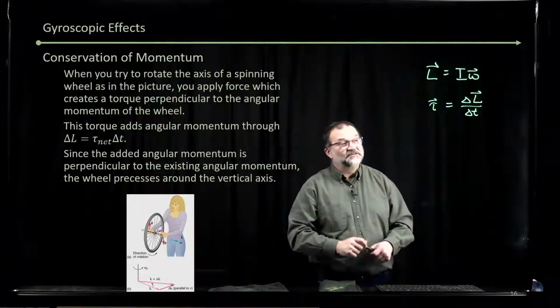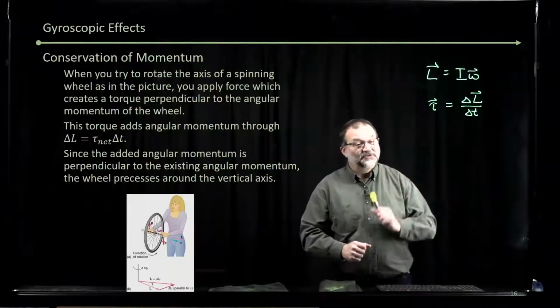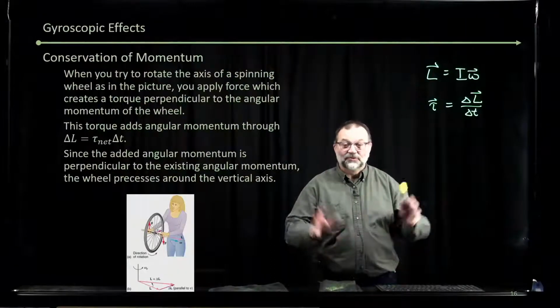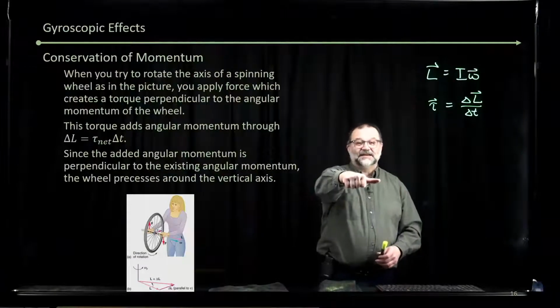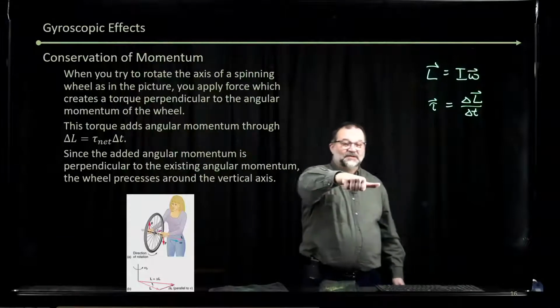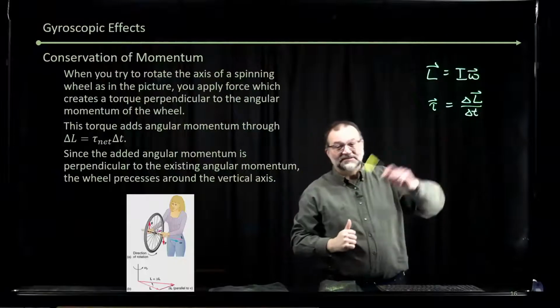So there are a lot of instances where this comes into play. It's what helps us keep a bicycle up. And it's also what will create this effect where if I've got a tire spinning really fast and I'm holding it up by one side, instead of falling over, it simply begins to rotate around as the torque changes the angular momentum.